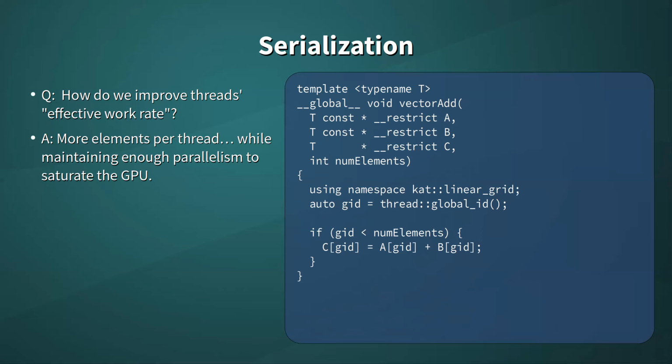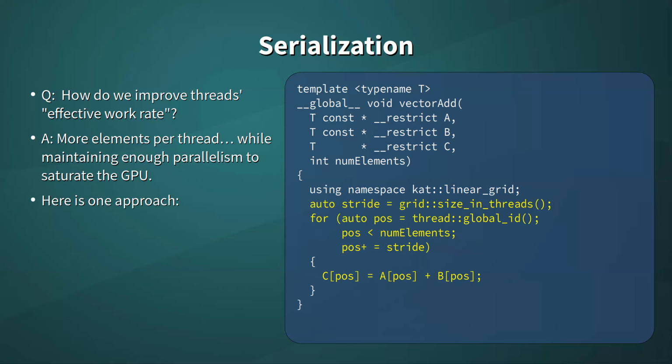But the more we parallelize beyond that, the more we just get the overhead that we just saw, and the overhead of switching between warps or blocks. And that's why it does make sense to have individual threads actually serialize some of the work.